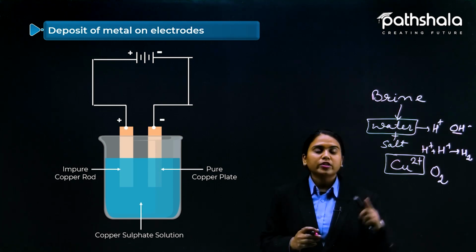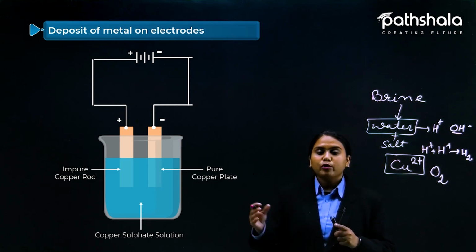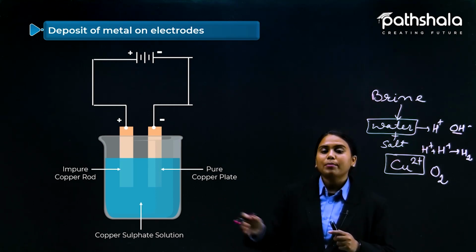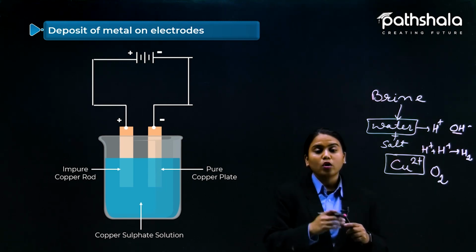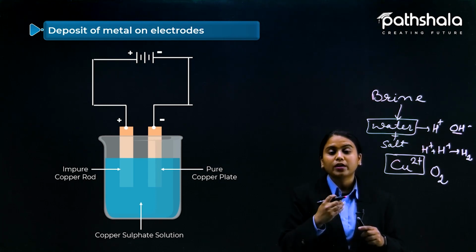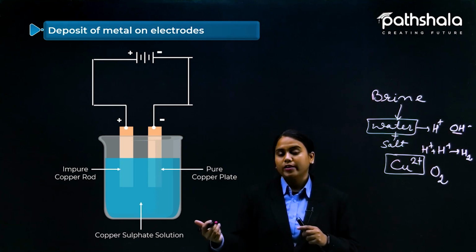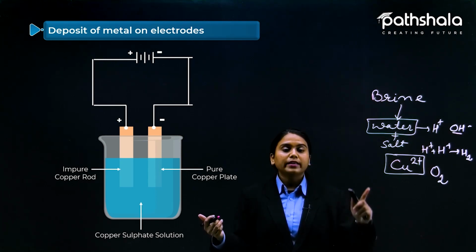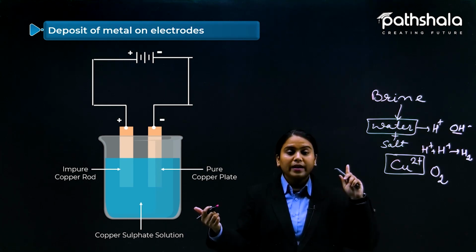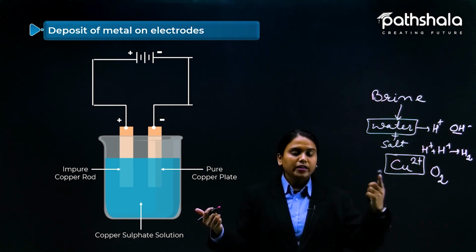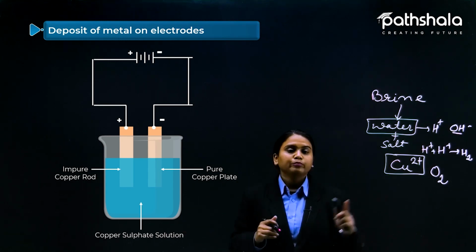So what we will do is put this impure copper at the positive electrode and put it into copper solution. Now this copper solution would also help us. Make sure, students, that whenever you want to plate something with a particular metal, you have to take the solution of that particular metal only. Like if you want to plate with iron, then iron sulfate would have to be taken. If you want to plate with nickel, a nickel compound should be taken here.